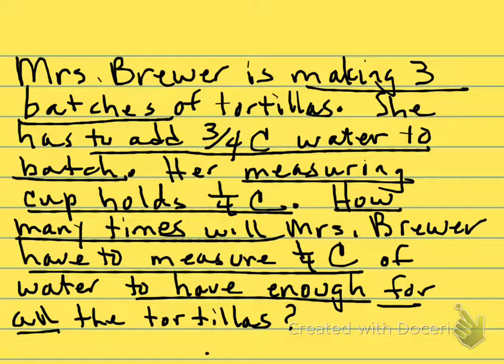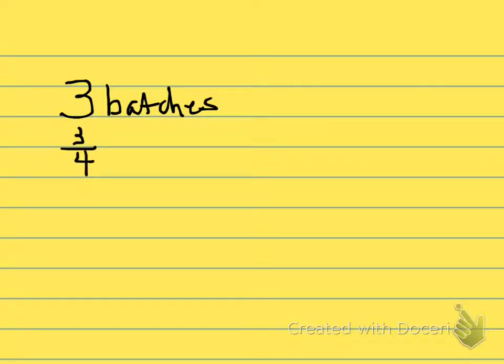All right, so let's take a look at this one. First thing I know is that Mrs. Brewer wants to make 3 batches of tortillas. We know that in each batch she must have 3/4 of a cup of water per batch.